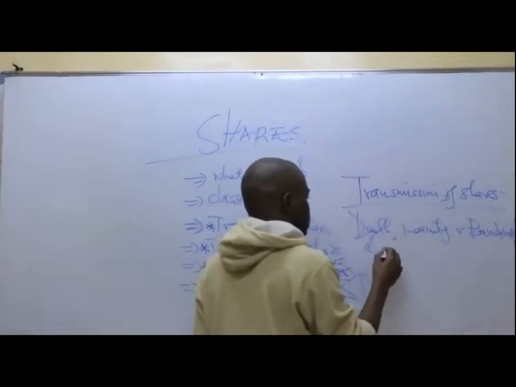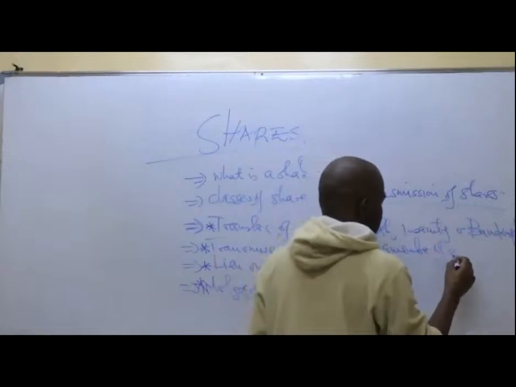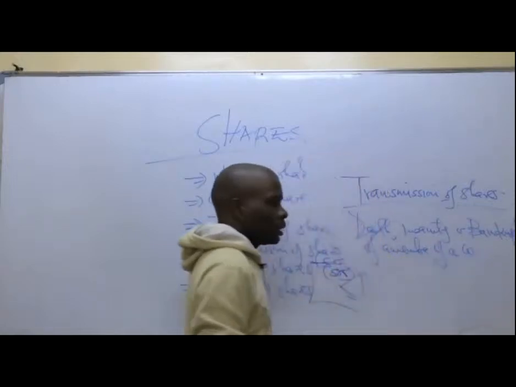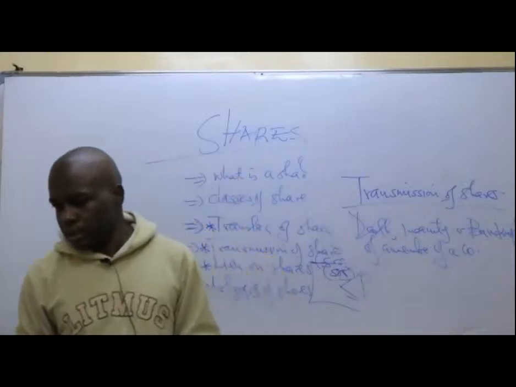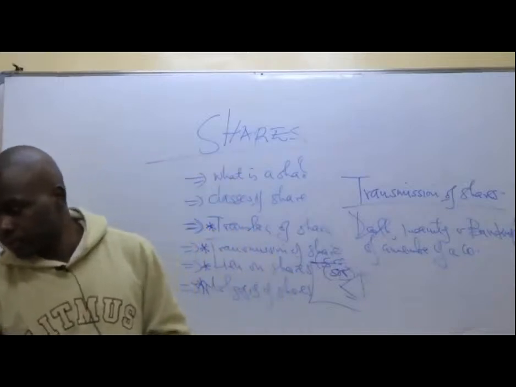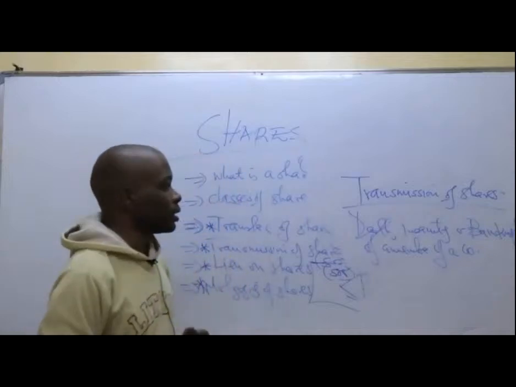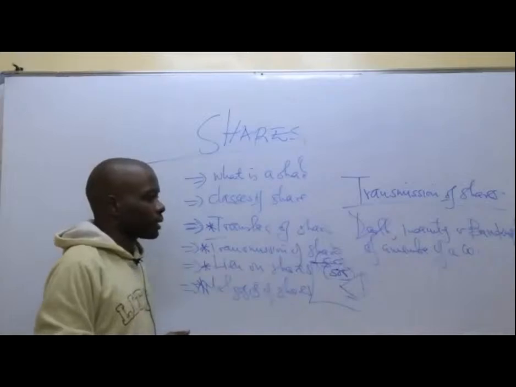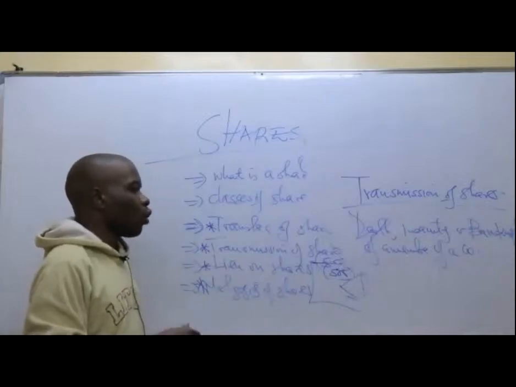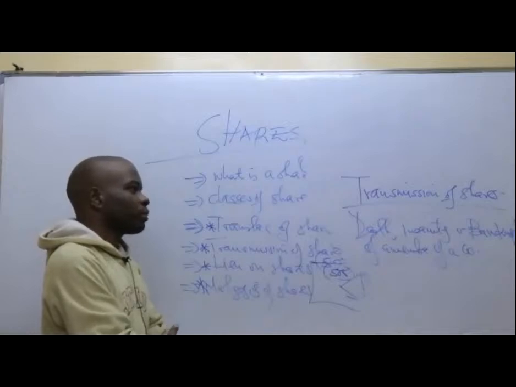Of a member of a company, or bankruptcy of a member of a company. So in case of death, insanity, or bankruptcy of a member, the shares will be transmitted or transferred.